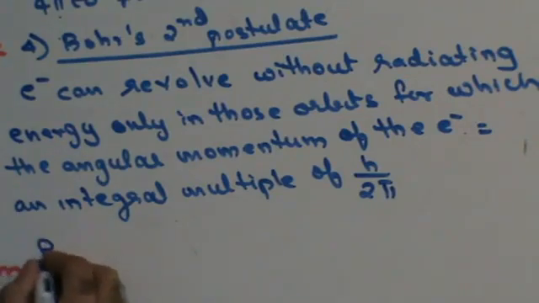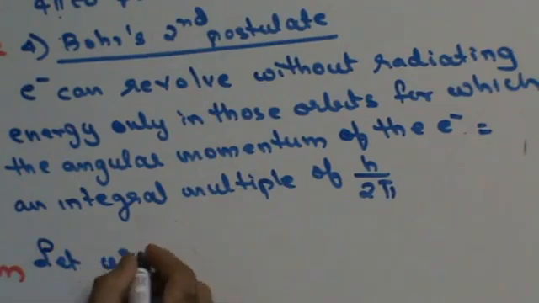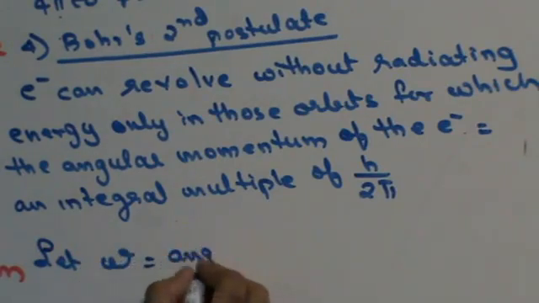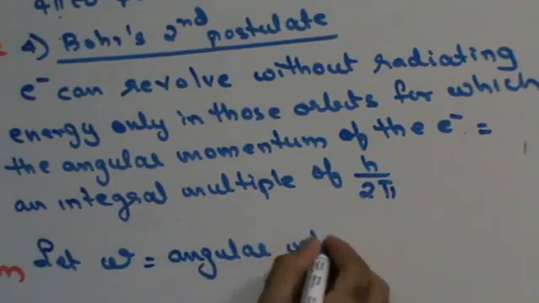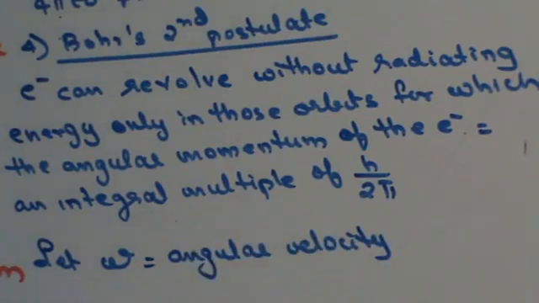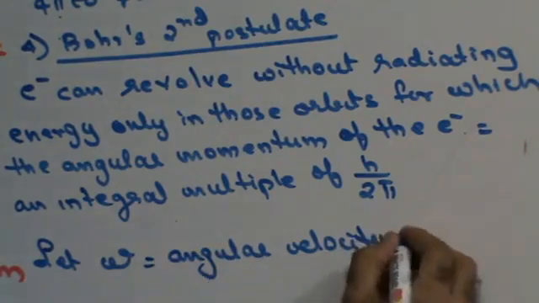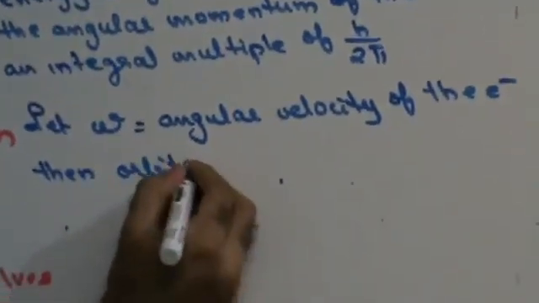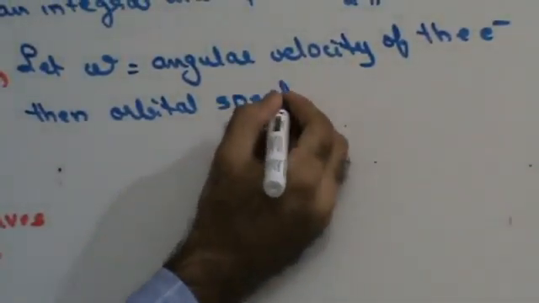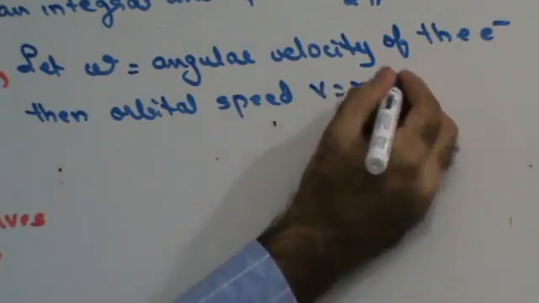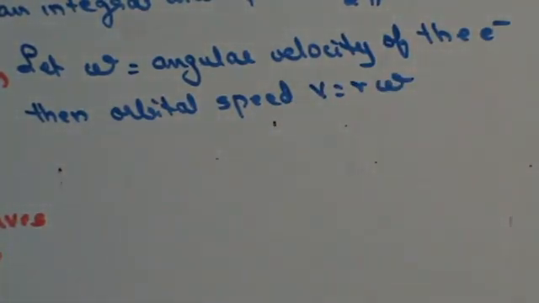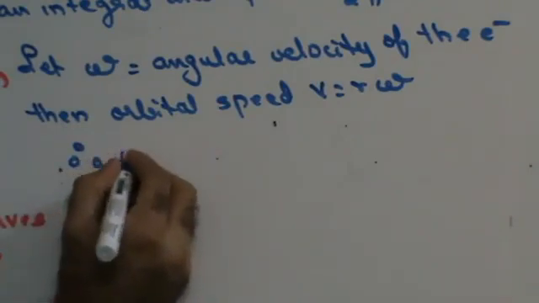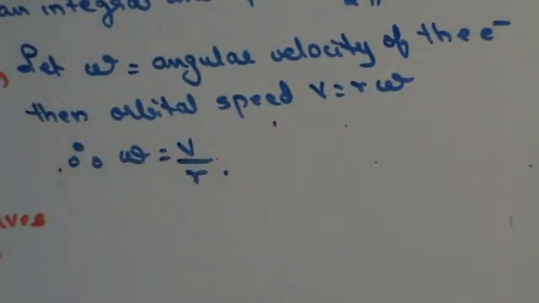Now let us assume that omega is the angular velocity of the electron in circular orbit. Then the orbital speed of the electron v will be equal to r omega, therefore omega is nothing but v by r.